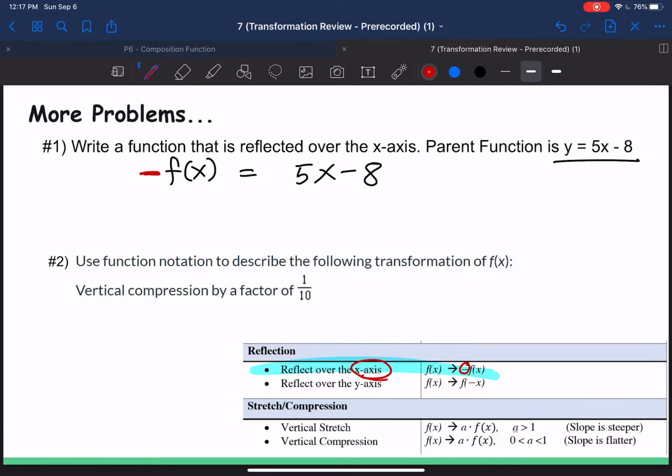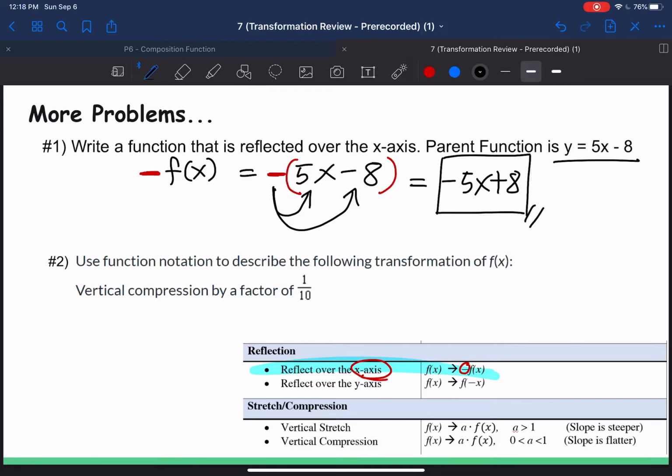If I multiply by a negative here, you have to multiply negative here too. Make sure you always put the parentheses. Then you distribute the negative, so it will be negative 5x plus 8. Simple. We just multiply everything by a negative.